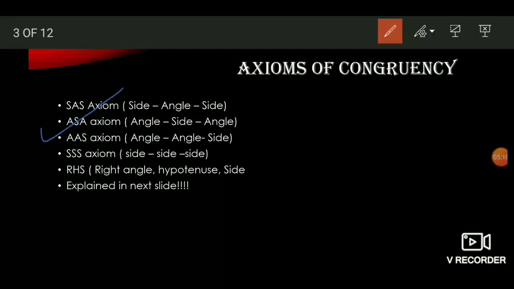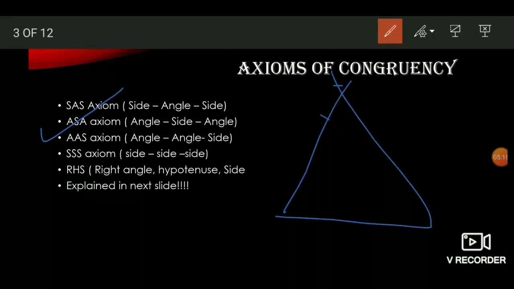Now AAS is angle angle side. Suppose this is a triangle. Now this angle and this side, if equal to the corresponding parts of any other triangle, then we can say that both the triangles are congruent.